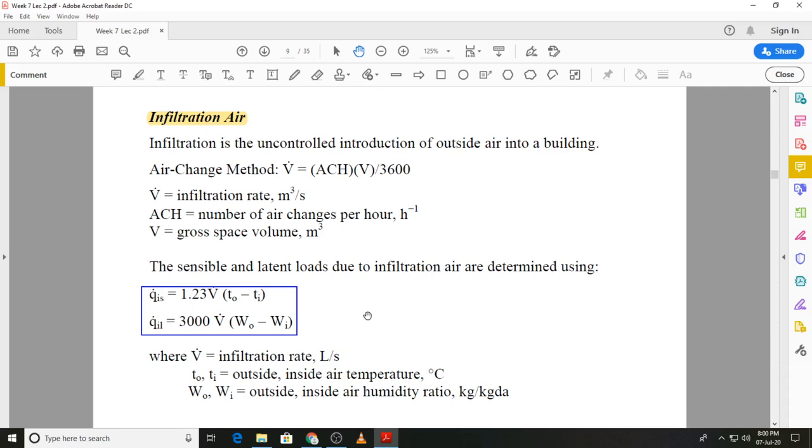So make sure the volume flow rate that you calculate using the air change method in meter cube per second is converted into liters per second, and then you can calculate the infiltration load, the sensible and the latent both. And in these equations, T naught and Ti again are the outside and inside air temperatures, W naught and Wi are the outside and inside humidity ratios, which you can read from the psychrometric chart given the inside and outside design conditions.